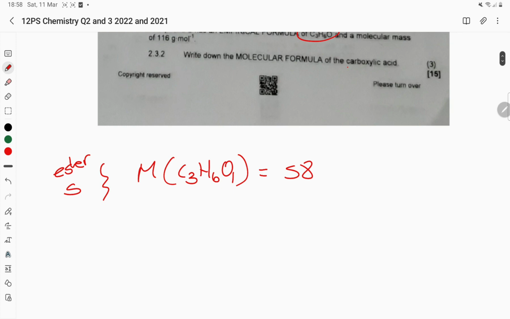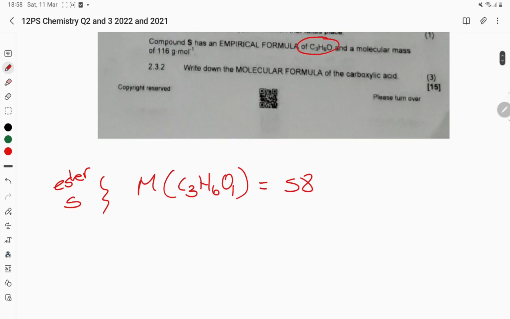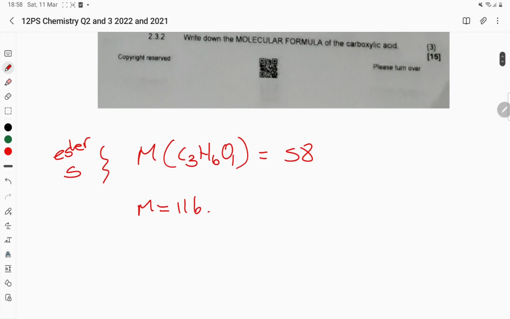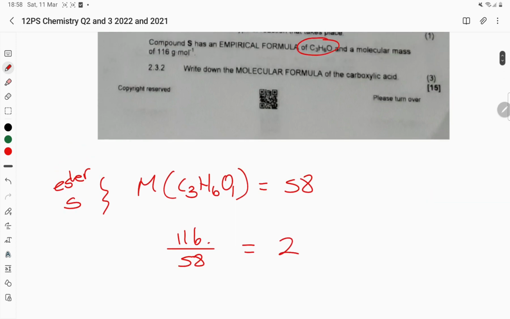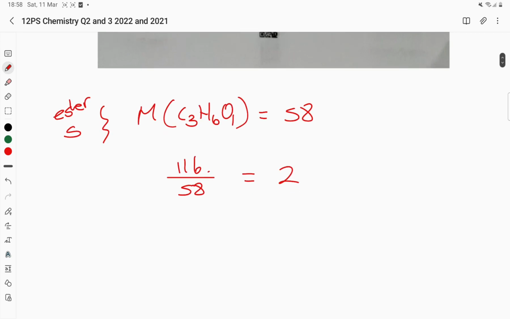So the mass is this, but they're telling us that the molecular mass of the ester is 116. So remember in grade 10, we just divided 116 by 58, and then we get the factor, which will be 2, to find the molecular formula of the ester, S.